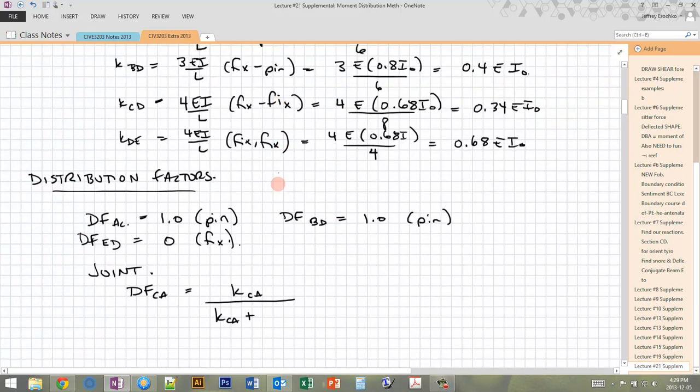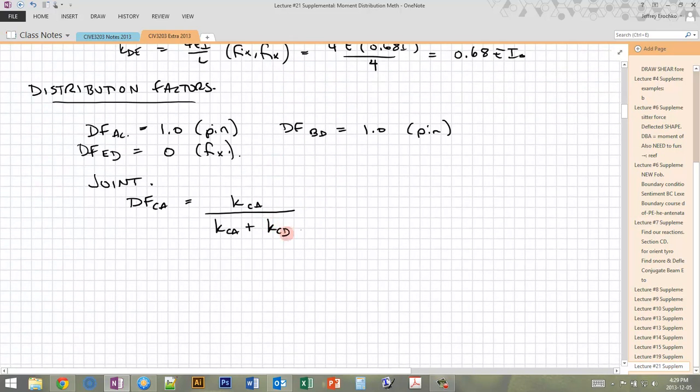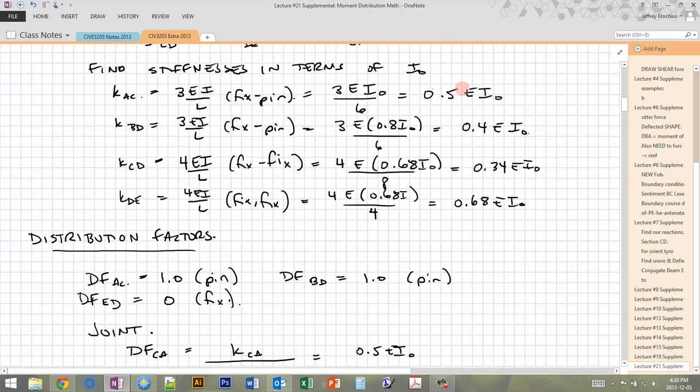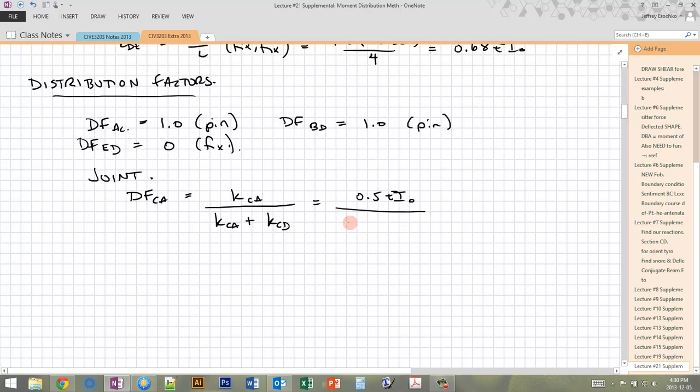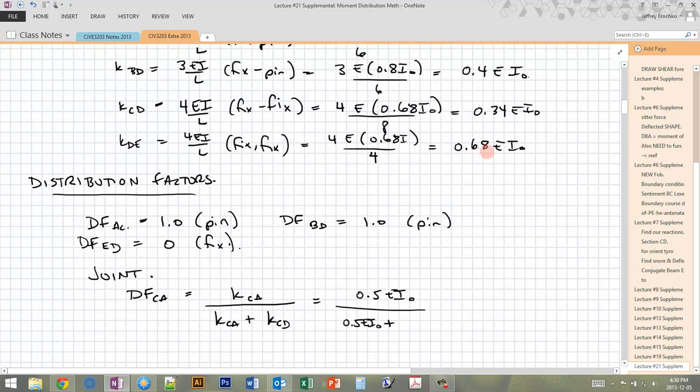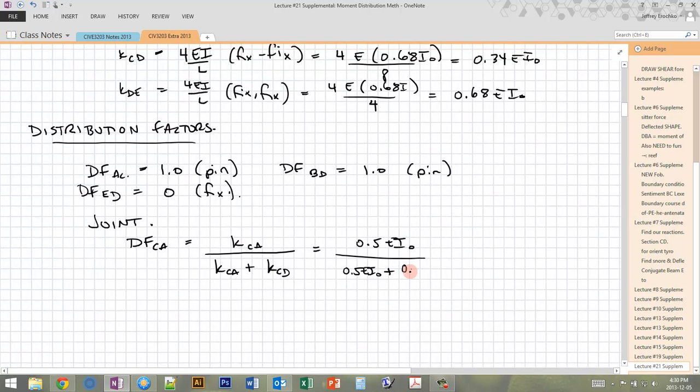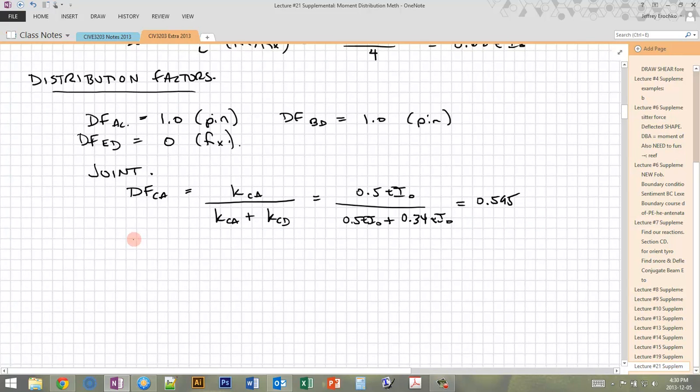CD. And that comes out to 0.5 EI naught, which we saw up here, divided by 0.5 EI naught plus CD, which is 0.34 EI naught, and that's going to equal 0.595. Then we can do the same thing for the other member that frames into that joint.